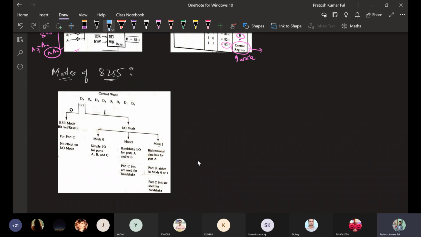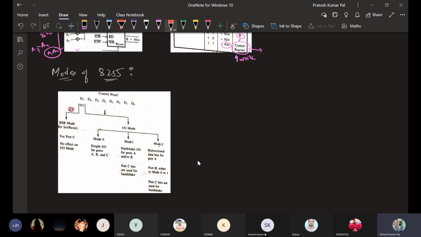There will be D0, D1, D2, D3, D4 up to D7, so the control word is 8-bit data. Based on this 8-bit data, if the D7 bit is 0, then this 8255 will be working in BSR mode, which means bit set reset mode.